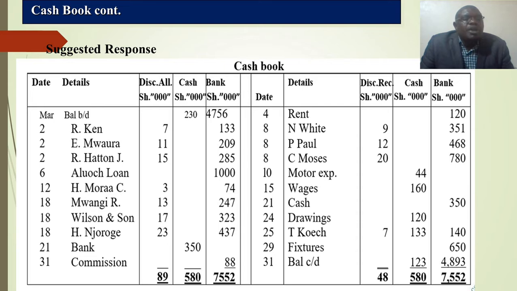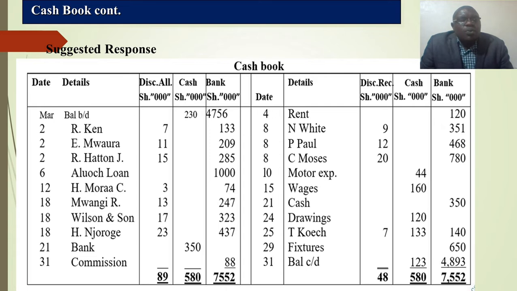In other words, they are not paying you this money. This is something you give them as an incentive so that they can settle their accounts. So that is what we refer to as discount allowed. It is recorded on the debit side.